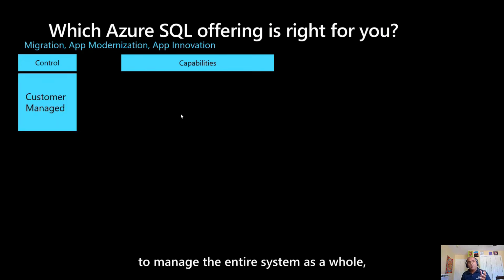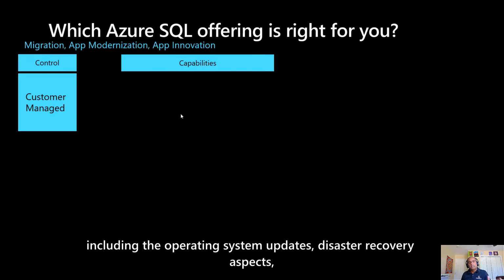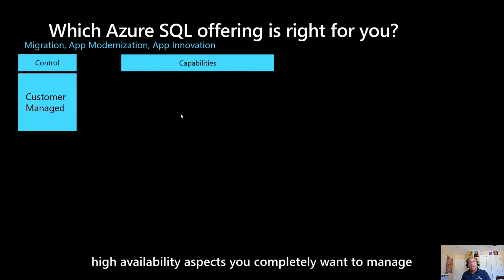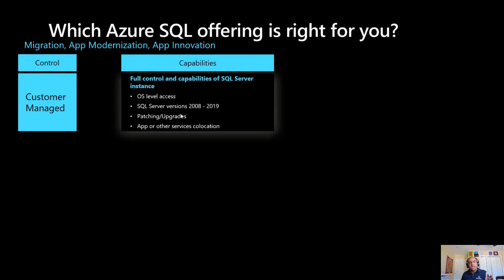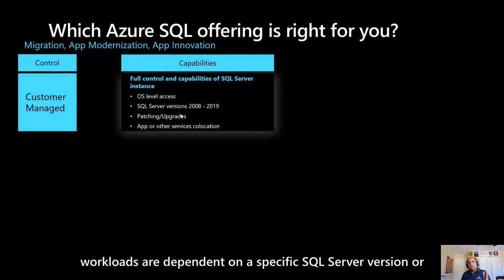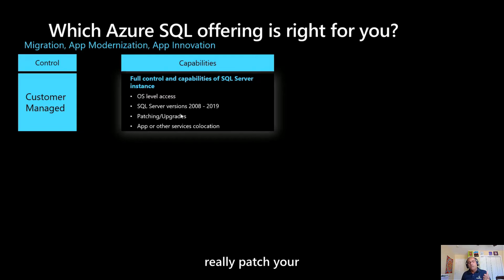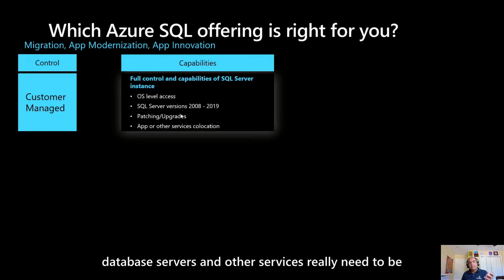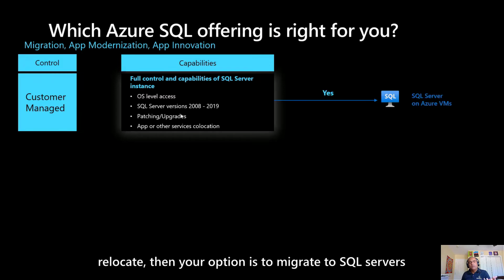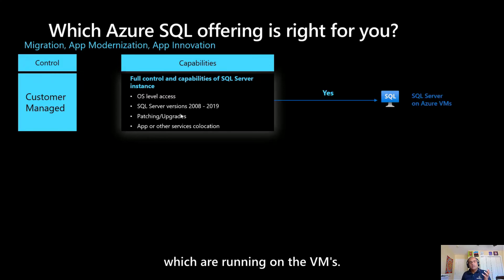In case you want to manage the entire system as a whole, including the operating system updates, disaster recovery aspects, and high availability aspects, or you want complete access to your operating system, and your workloads are dependent on a specific SQL Server version, or you want to control when you patch your operating system and the SQL Server, and if applications, database servers and other services need to be co-located, then your option is to migrate to SQL Server running on VMs.